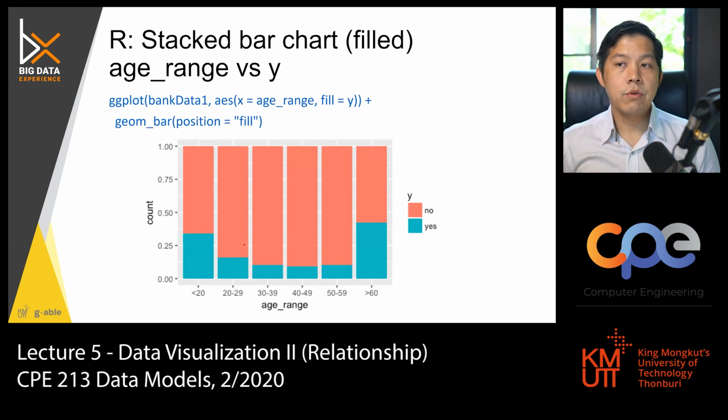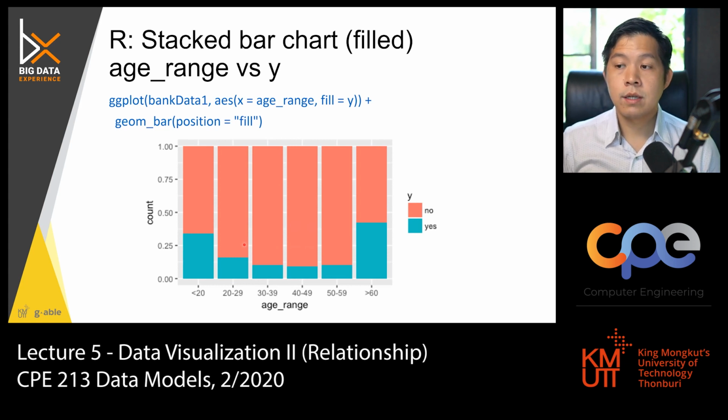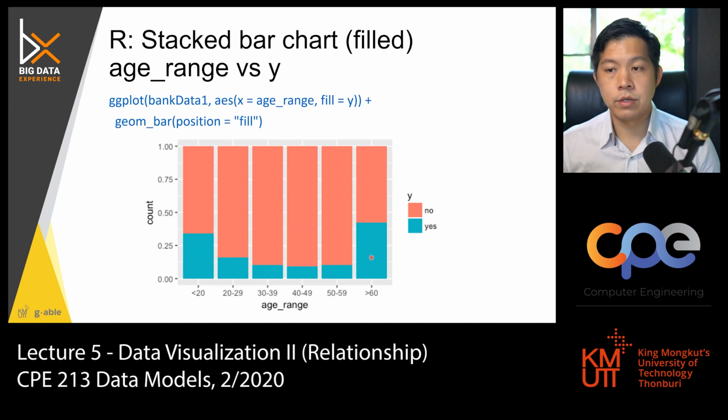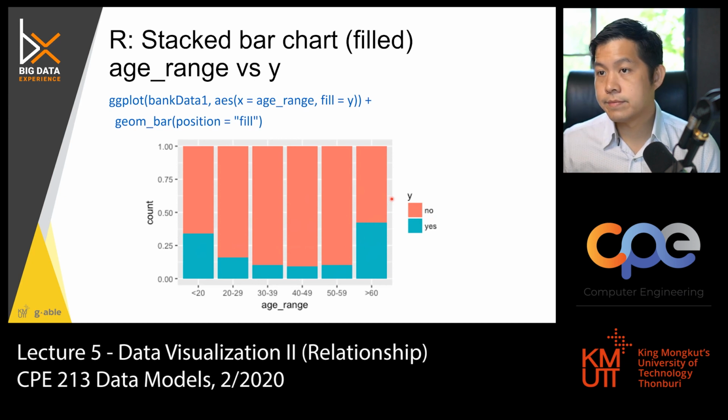So if you have customers in your accounts that are less than 20 or more than 60, they would have a higher chance to be approached, and you should focus on them first because they will be easily converted.